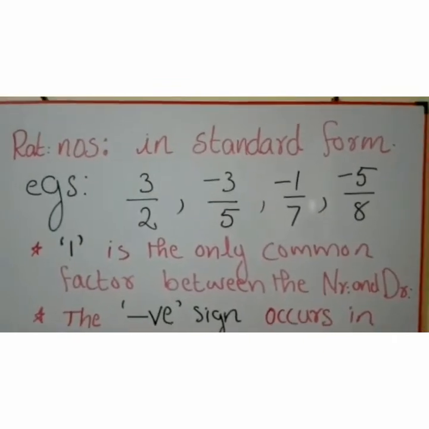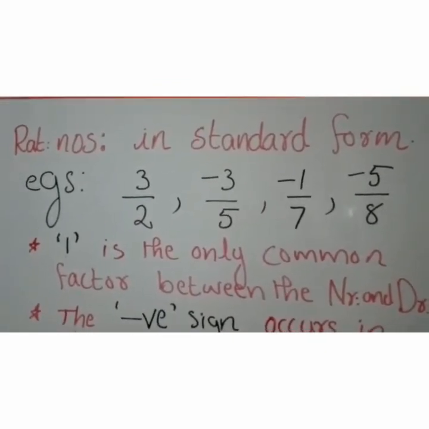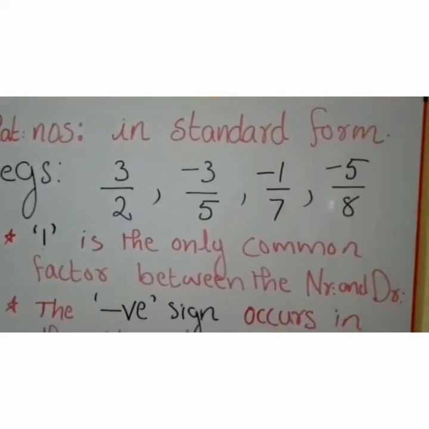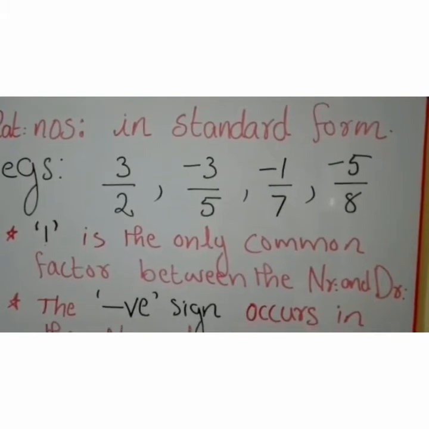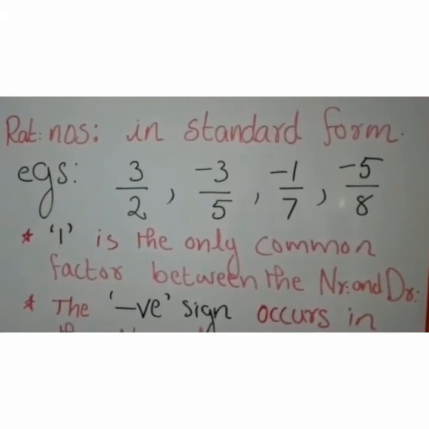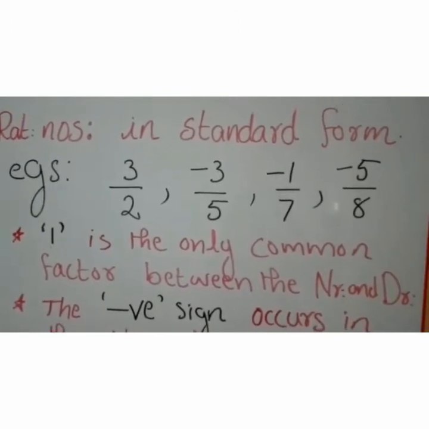Now rational numbers in the standard form. In these examples, 3 by 2, negative 3 by 5, negative 1 by 7, negative 5 by 8, all these are in the standard form. So what are the conditions here?